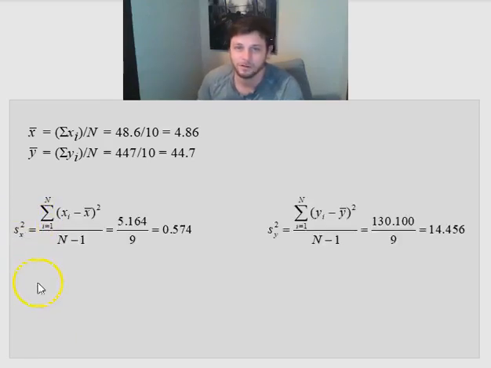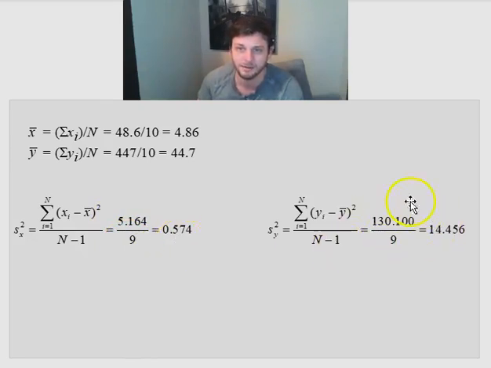Then we figure out our variance, right? And so that's going to be the difference between the x and the y squared summed up with your n minus 1. The n is 10, so it's going to be, for your x's, 5.164 over 9 to give you 0.574.